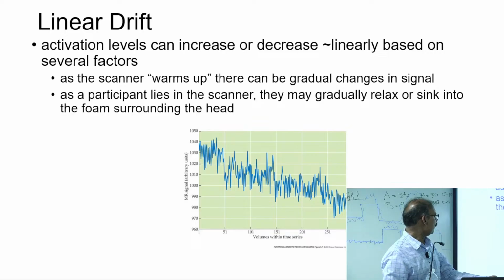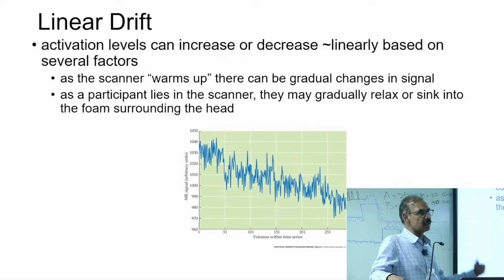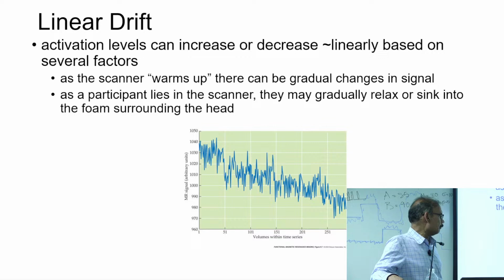And there are several causes of linear trend. One is that when you're collecting data in MRI, the gradient slowly heats up. And as the gradient heats up, the signal will become lower, right? So if anyone is to collect fMRI data, just scan a phantom for like 15 or 20 minutes several times and see if you observe a drift, right?